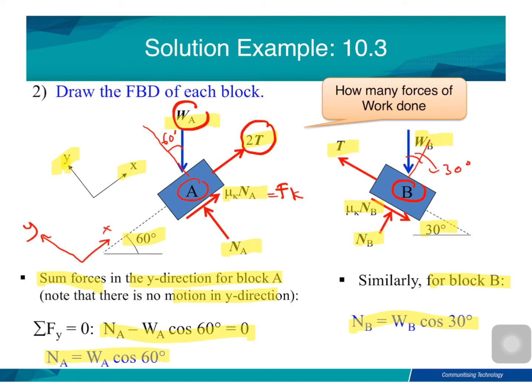In the y direction we have NA minus WA cos 60 equal to 0, so NA is equal to WA cos 60. And then same for block B: the summation Fy is equal to 0, which is NB minus WB cos 30, so NB is equal to WB cos 30.